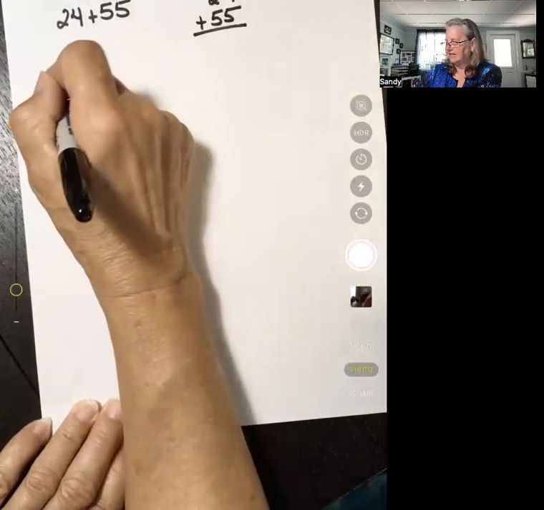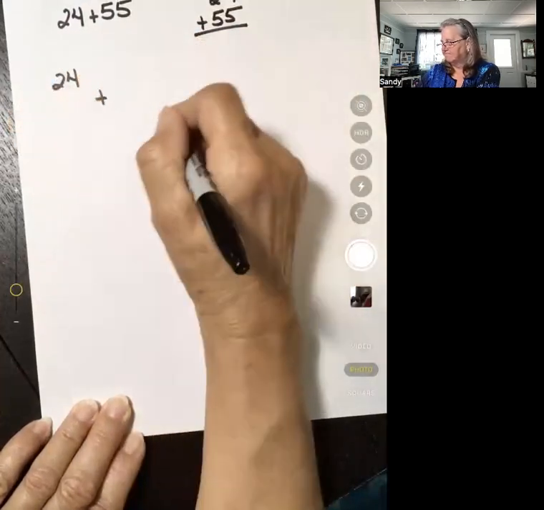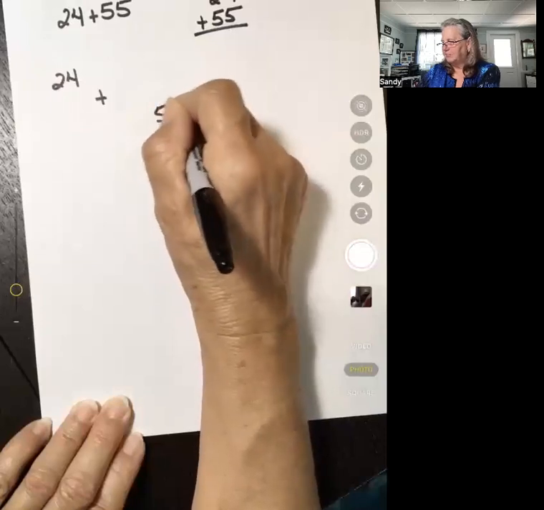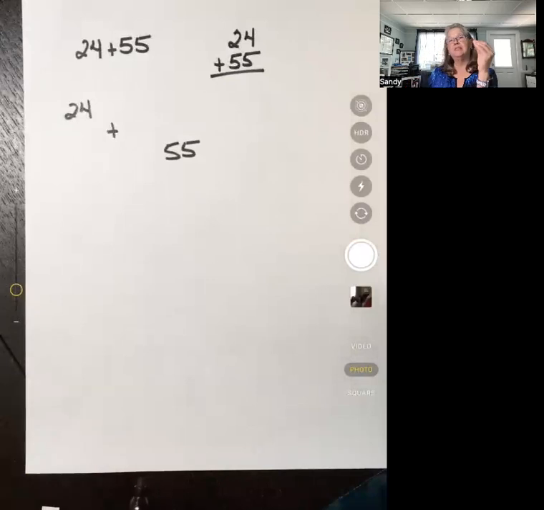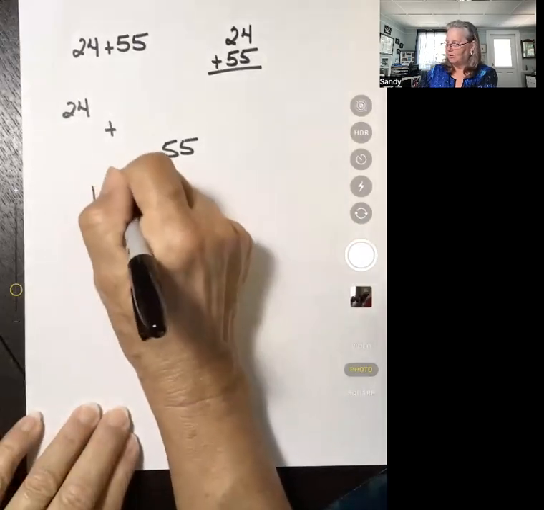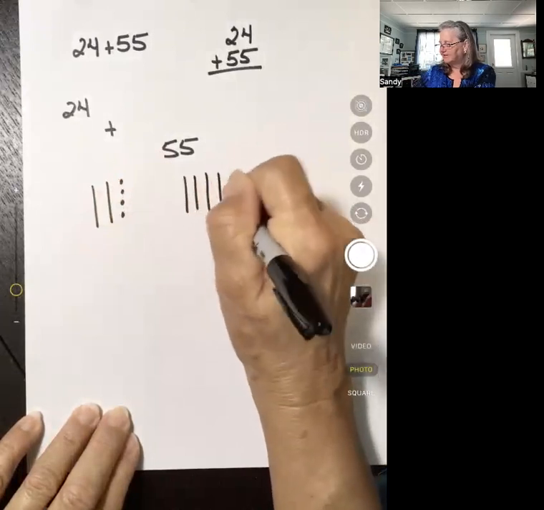I could write it this way. I should be able to put those numbers anywhere on the page and still be able to add them because of place value. It's combining like terms. I've got the 24 and I've got 55.